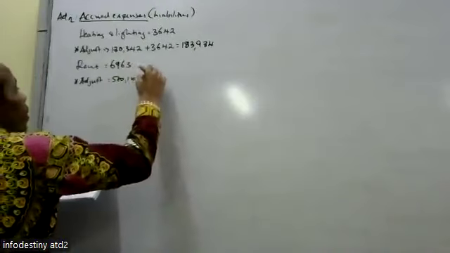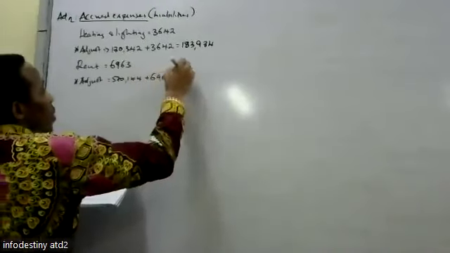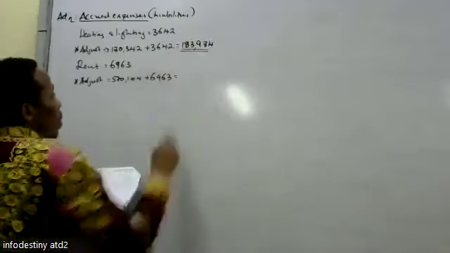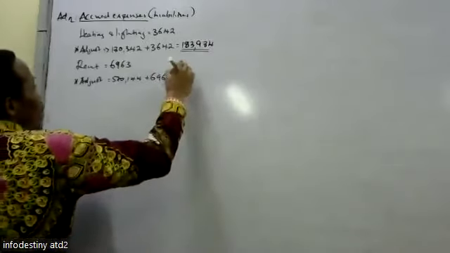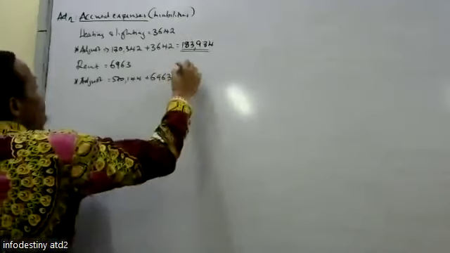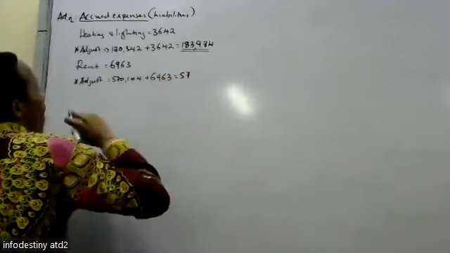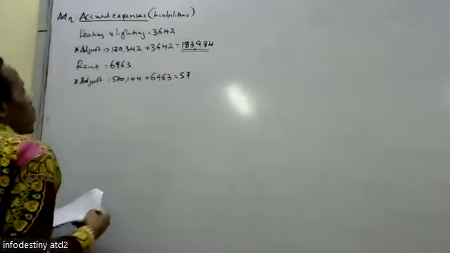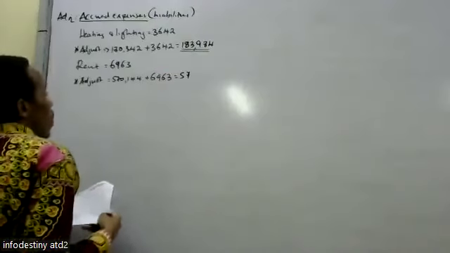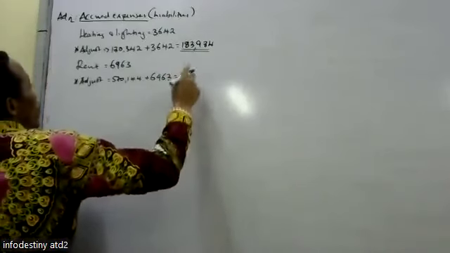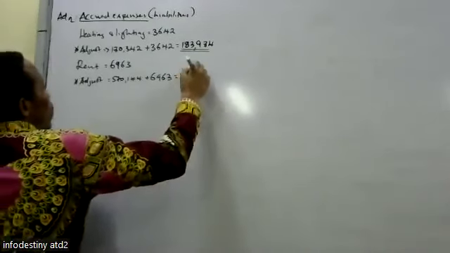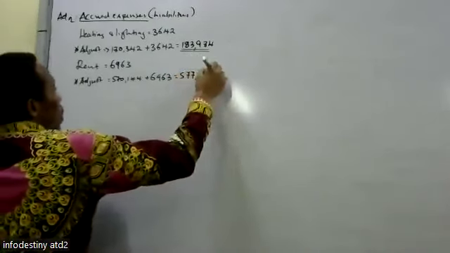So we add 6963. This will give us 577,107.